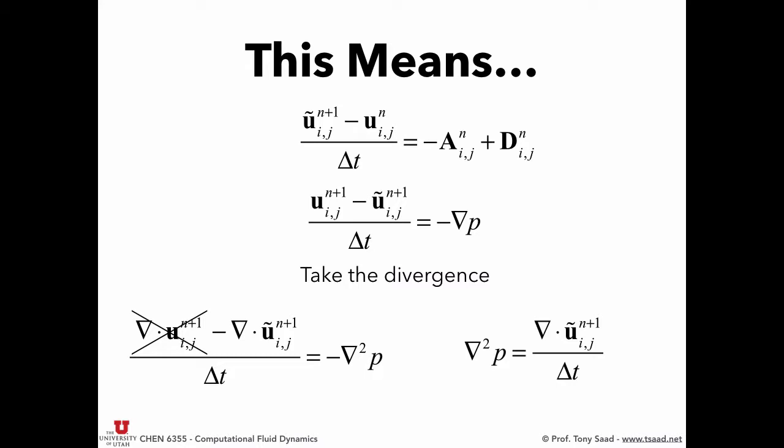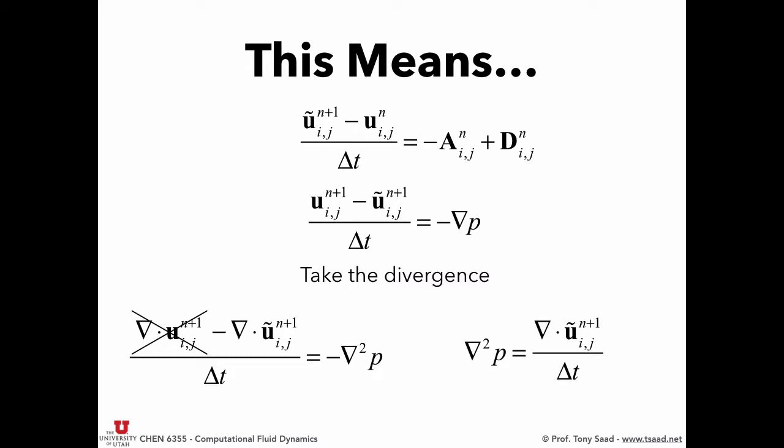Then take the divergence of this. We want div u^(n+1) to be 0, so we set that to 0. That leaves us with div U tilde, which is non-zero because U tilde is not divergence-free, equals minus del squared P. So that gives us an equation for the pressure.